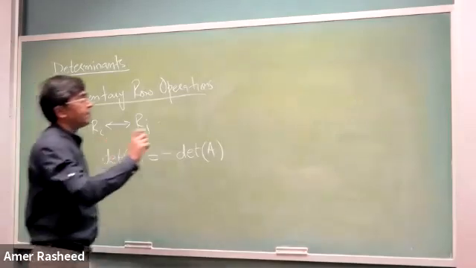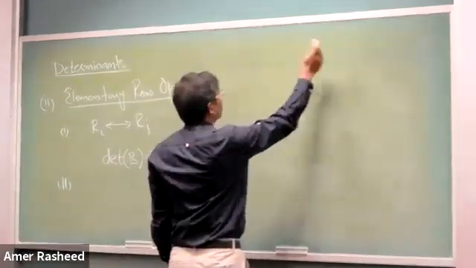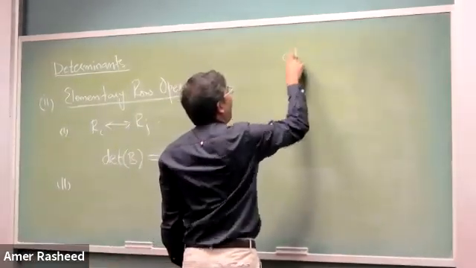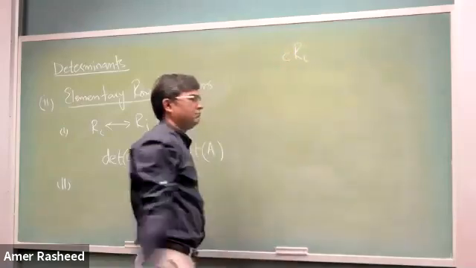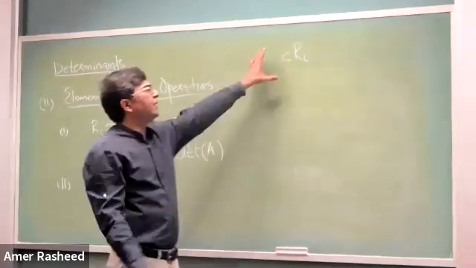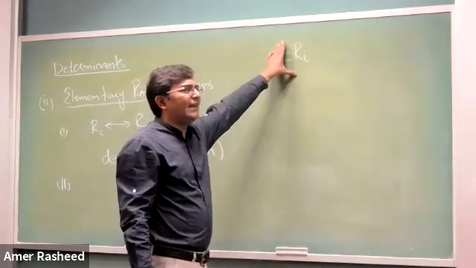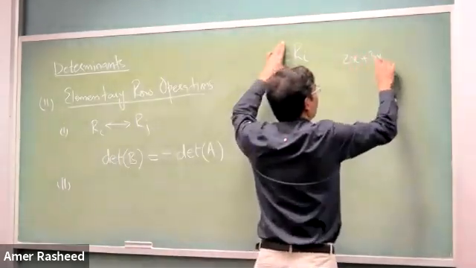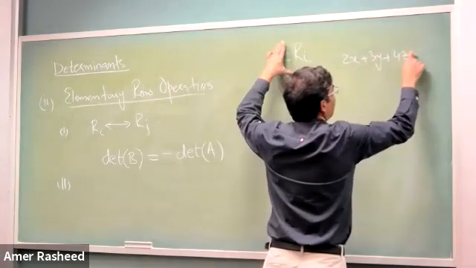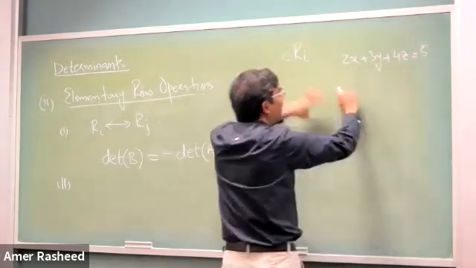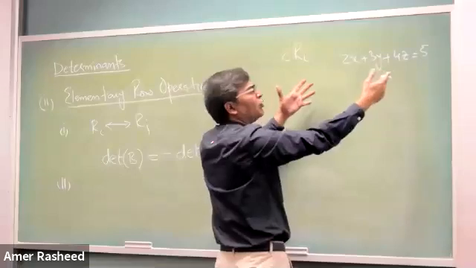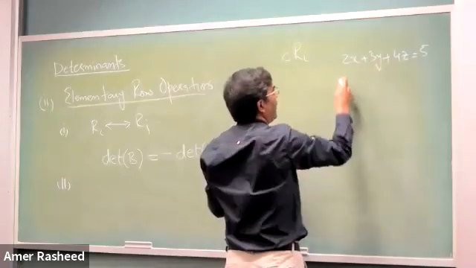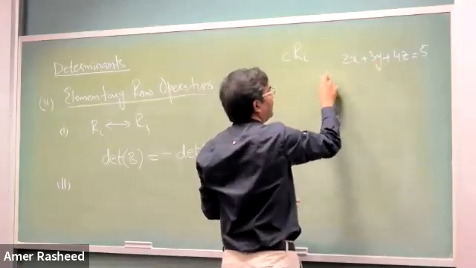in linear systems, the second elementary row operation was what? We can multiply any row with any constant. For example, in linear equations, 2x plus 3y plus 4z is equal to 5. We can multiply this equation on both sides with any constant. We multiply this by 3, for example.